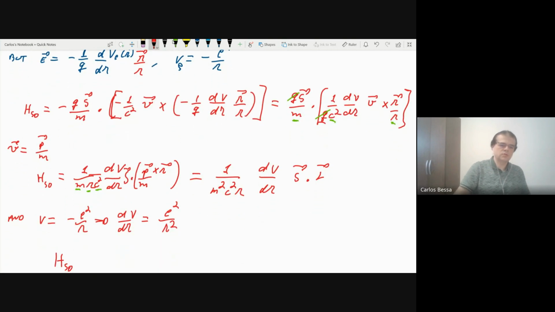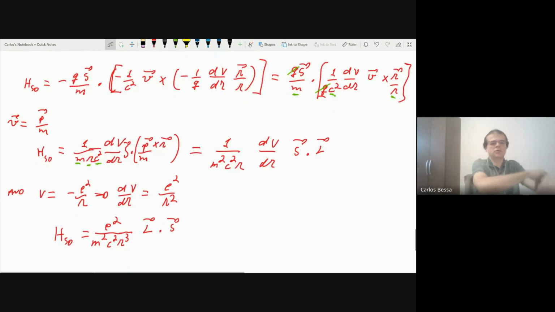So this term is e squared over m squared c squared r cubed, L scalar S. That's what I said in the beginning.